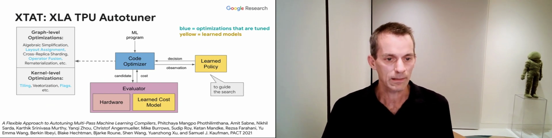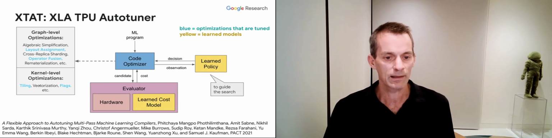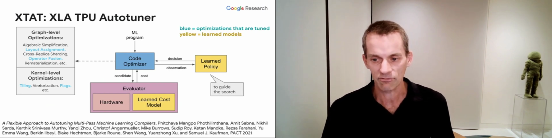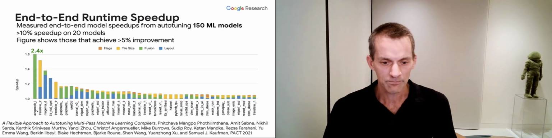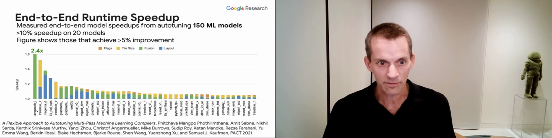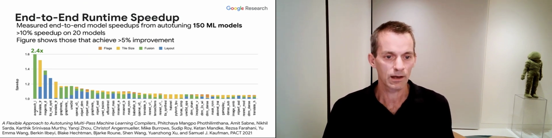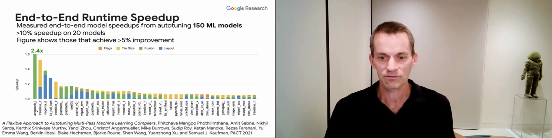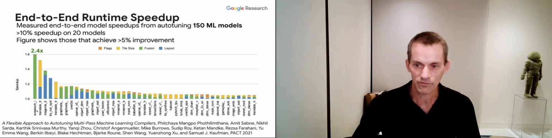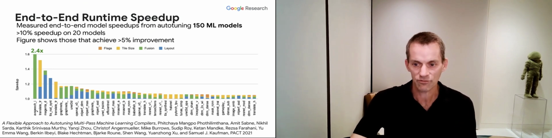So things like layout assignment or operator fusion, also makes decisions about tiling and compilation flags that are going to give the best performance. And so the blue things on the left are optimizations that are tuned, so layouts, operator fusion, tiling, and flags. And then the yellow are two different learned models that help make these kinds of decisions in the middle of the compiler.